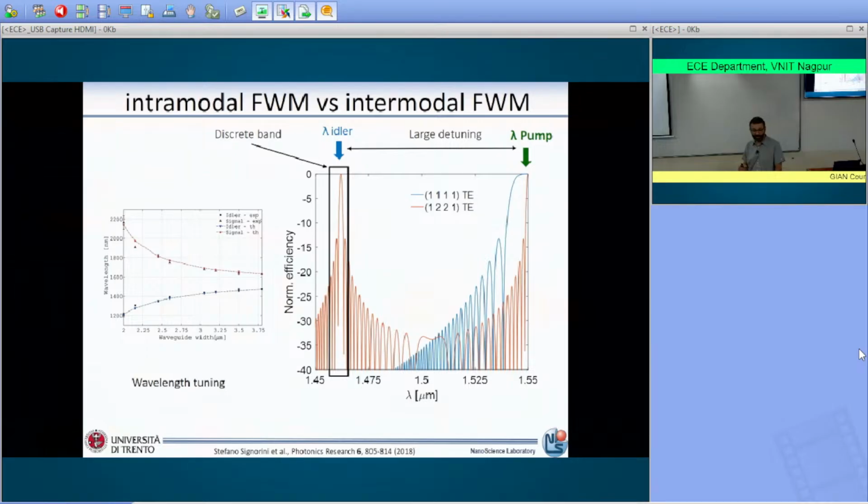So by simply controlling the width of the waveguide, we control the spectra. This is quite a powerful tool to design the energy of the generated entangled photon pairs.